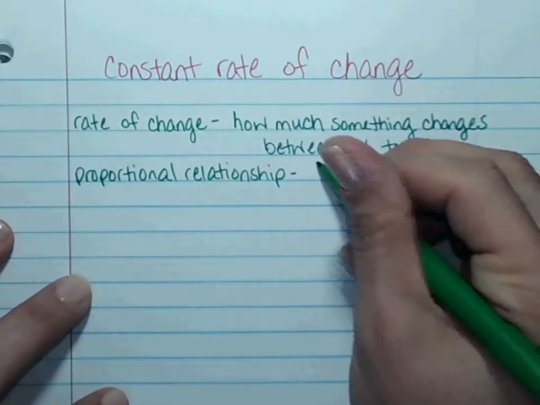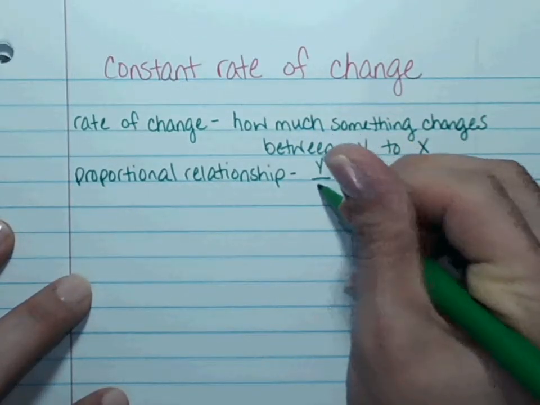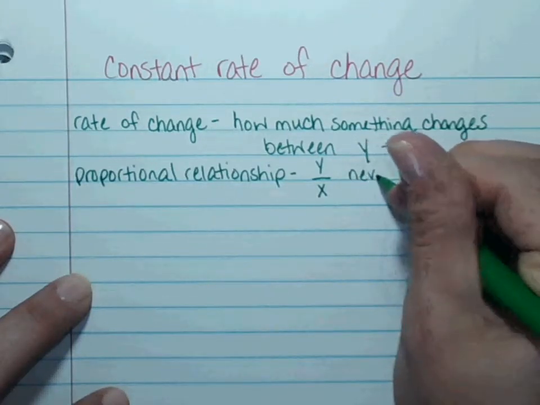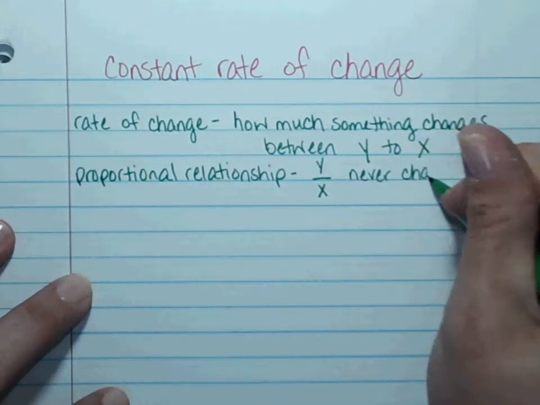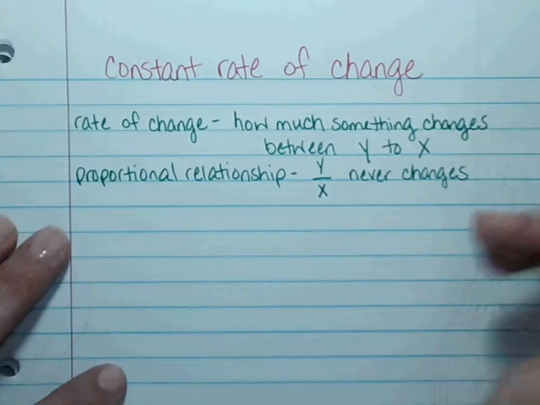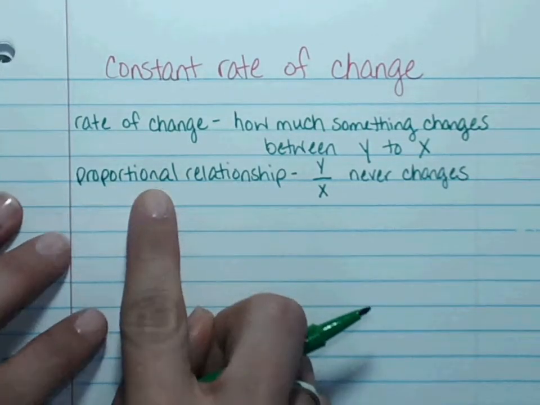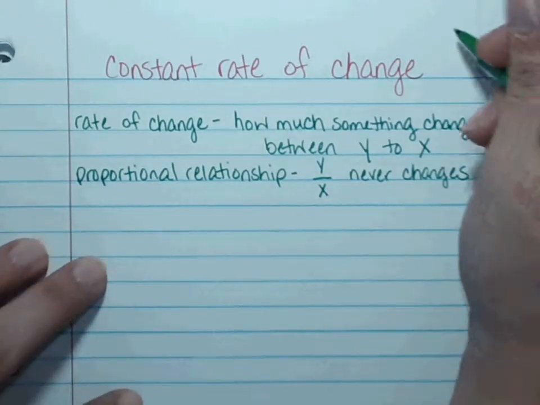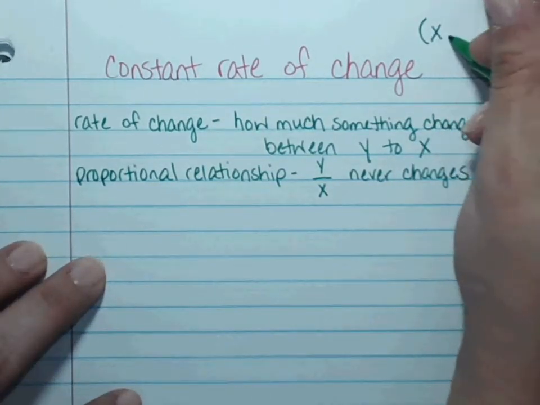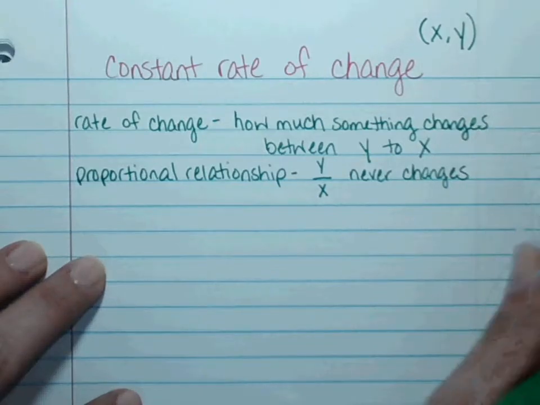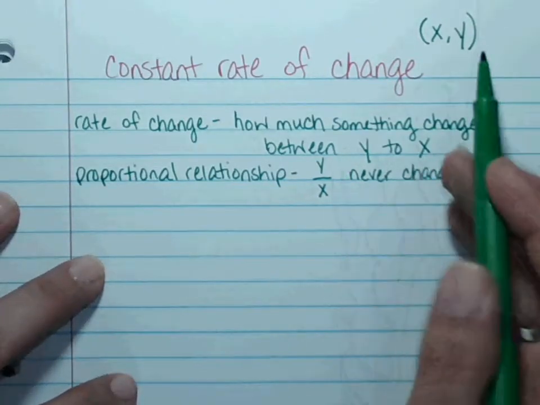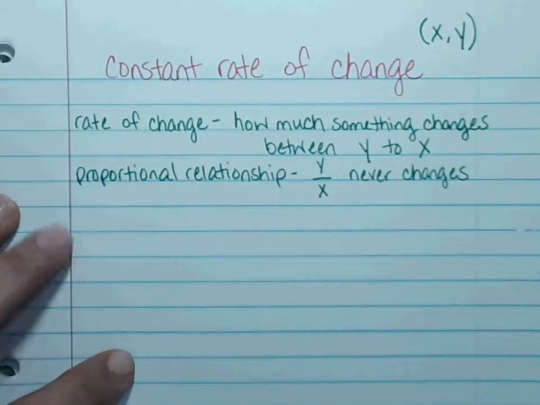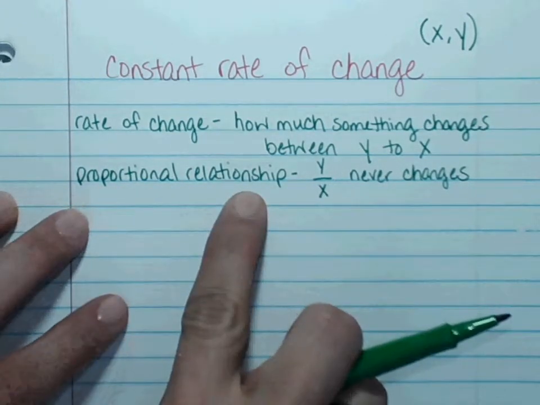So if you were to take y divided by x, it never changes. Something is proportional if you can always take that coordinate xy. That's what I'm talking about when I say x's and y's. And if you do y divided by x, you get the same number every time. That's proportionate.